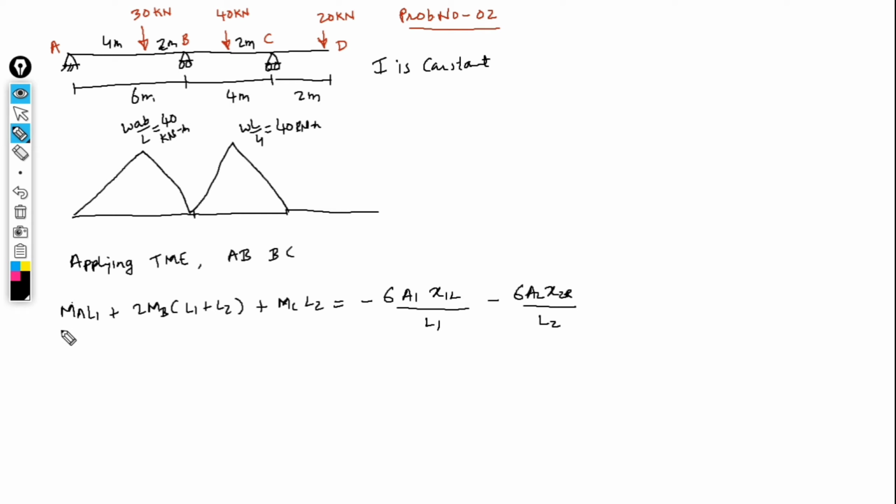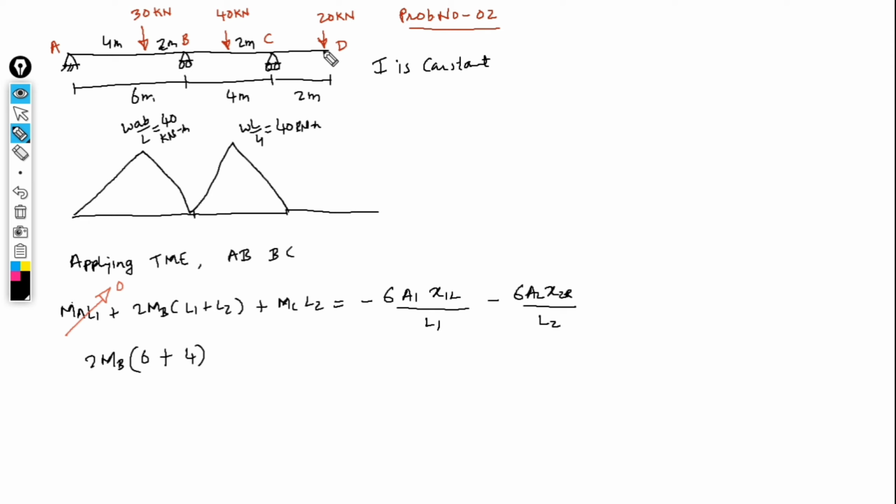Now you see MA is equal to 0 because A is hinge support, so that is why MA will be equal to 0. 2MB, L1 is 6 meter, plus L2 is 4 meter. And MC, I told you, you can directly calculate.